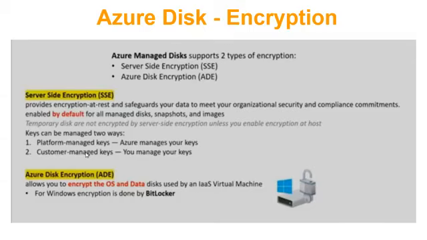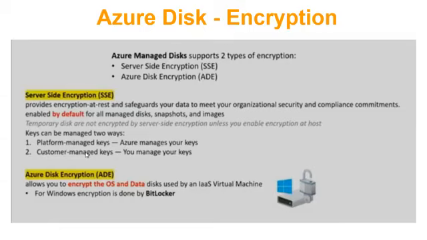Next comes Azure Disk encryption. Azure Disk encryption allows you to encrypt the OS and data disk used by an IaaS virtual machine. When you have a virtual machine, you will for sure have some OS inside the Azure VM. That OS disk will be encrypted using Azure Disk encryption, and sometimes you can encrypt your data disk also.